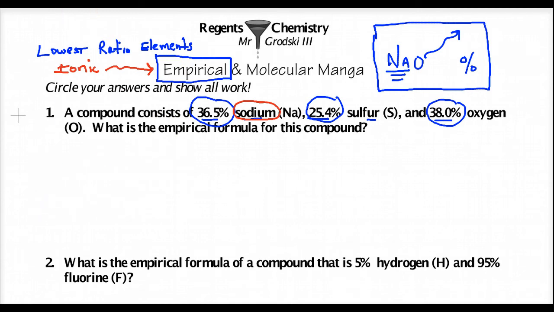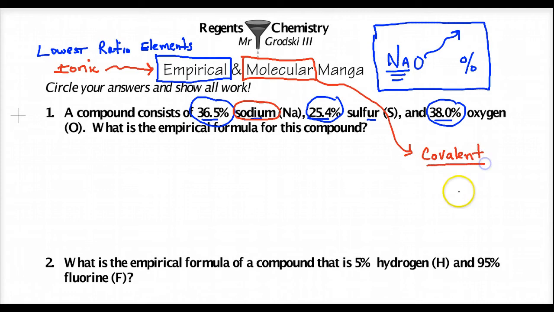All right. Now there's another word that's going to pop up in this lecture, and that's the word molecular. So molecular formulas are not typically lowest ratio. Empirical is for ionic, and molecular has long been for covalent compounds. As you probably already learned, covalent compounds do not make crystals.